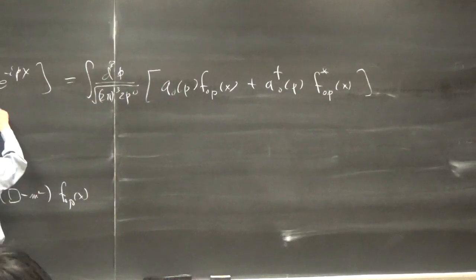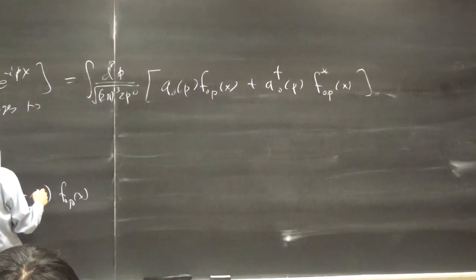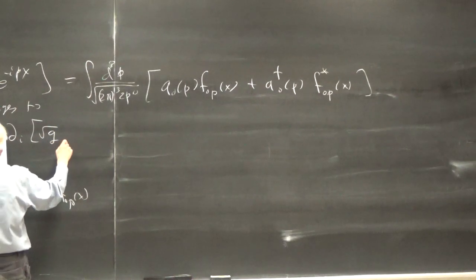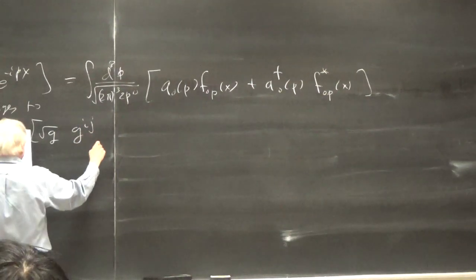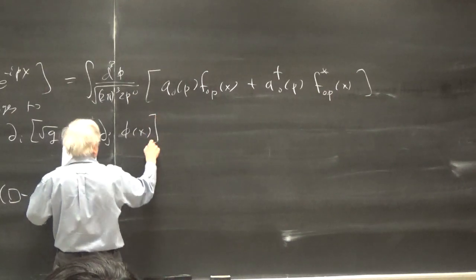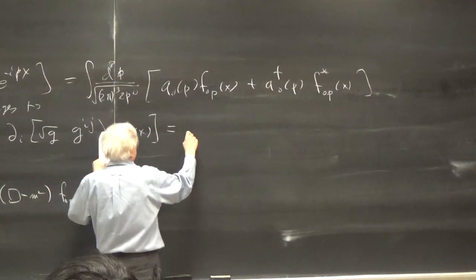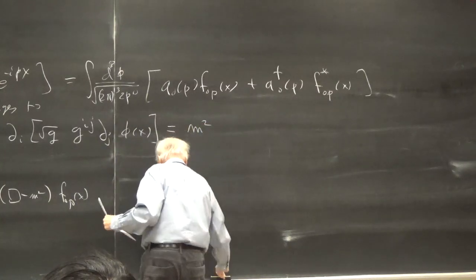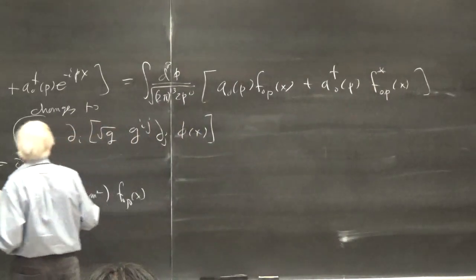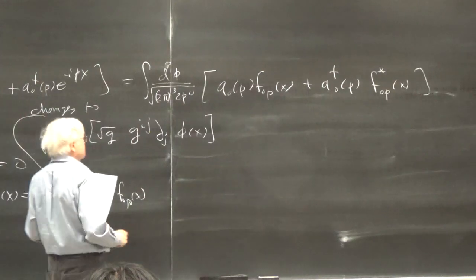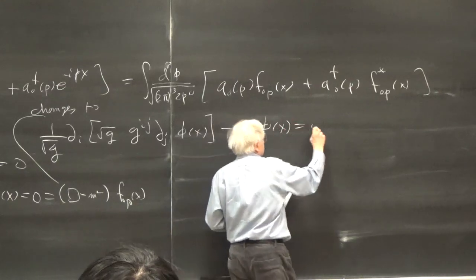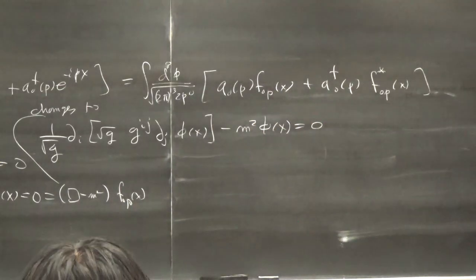So this changes to square root of g, g^ij, d_j phi of x equals m squared, or if we want to make it look as much as possible like the other expression, we'll divide by square root of g, and then just subtract m squared phi of x equals 0. So this is the Klein-Gordon equation in curved space.